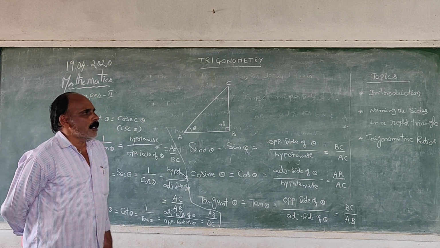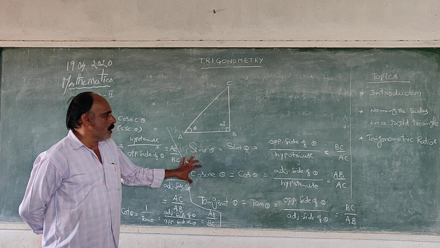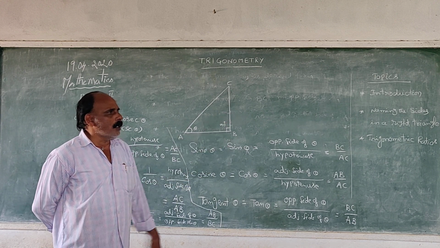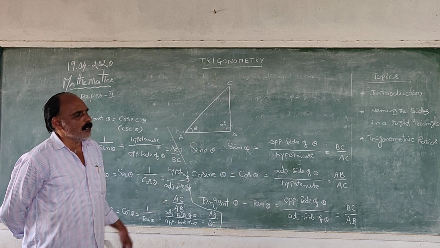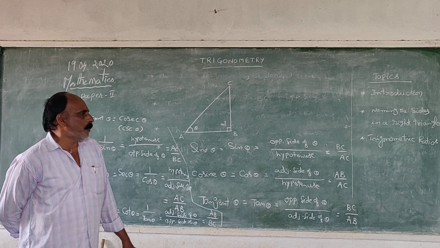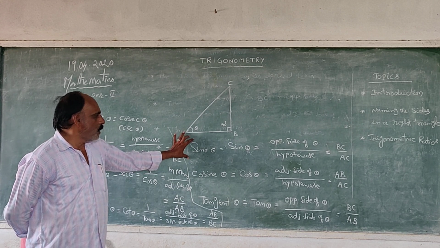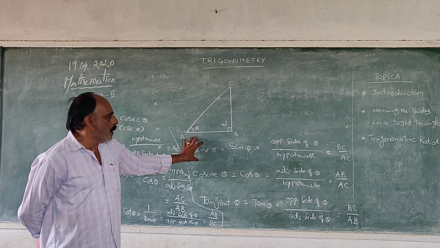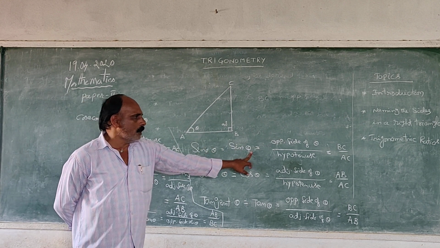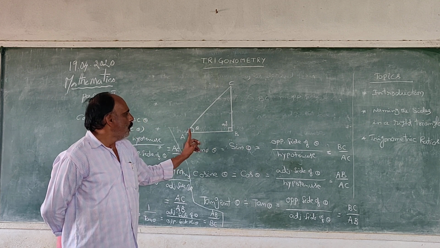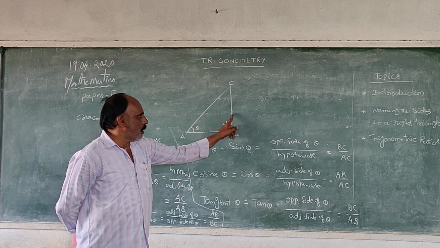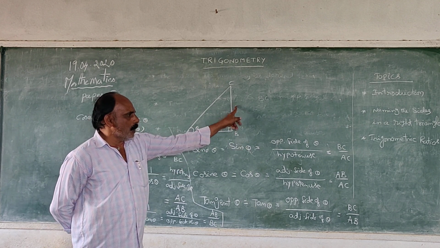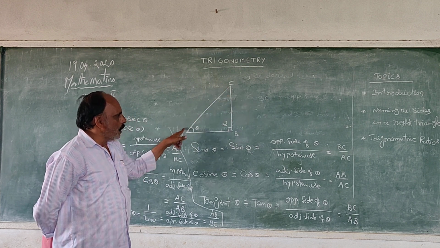Trigonometric ratios are 6 types. The first 3 are ratios and the next 3 are multiple inverses of the before ones. The first one, sin theta, is briefly written sin theta, that is equal to the opposite side of theta, the side opposite the angle theta, by hypotenuse.